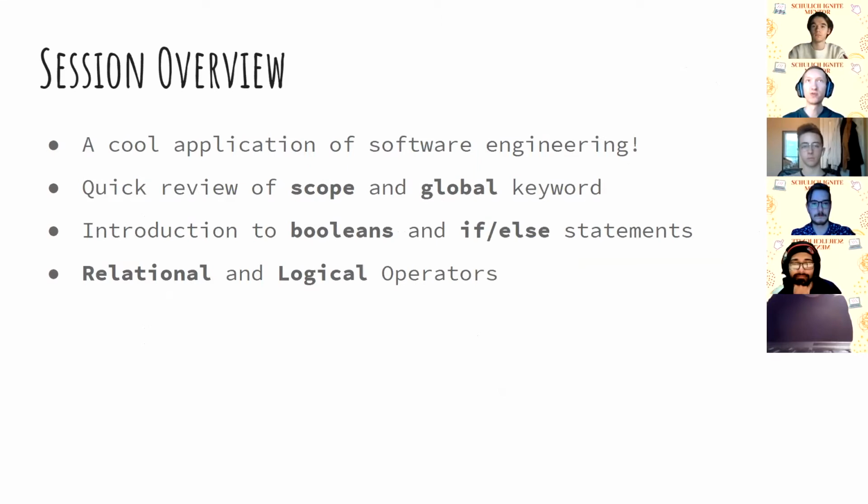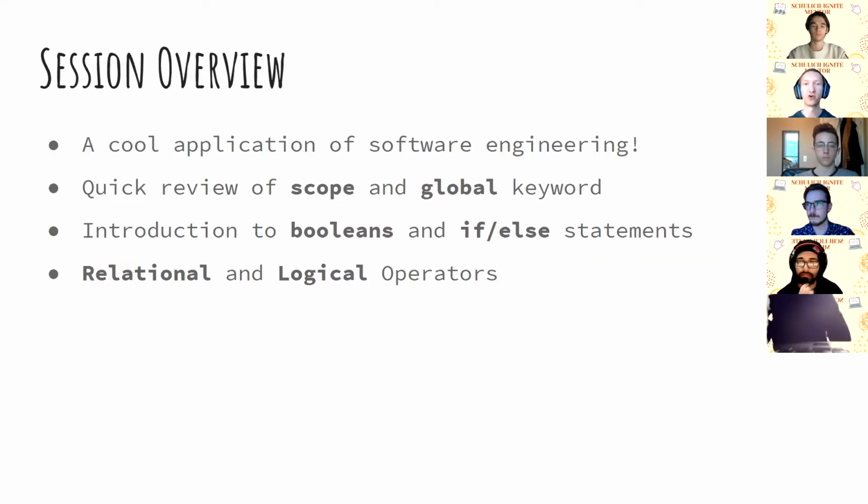All right, so what we're going to be going over today, we're going to be starting these sessions with a little bit of application, like an interesting slide about how software engineering is applied. So we're going to start with that. Then we'll do a quick review of what we went over last time about the scope and that global keyword. And then we'll go to the main content for today, which is going to be focusing around if statements.